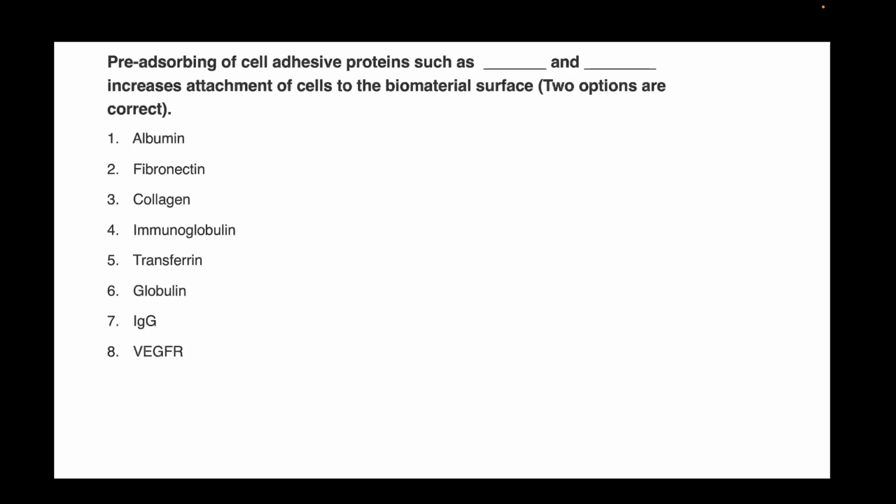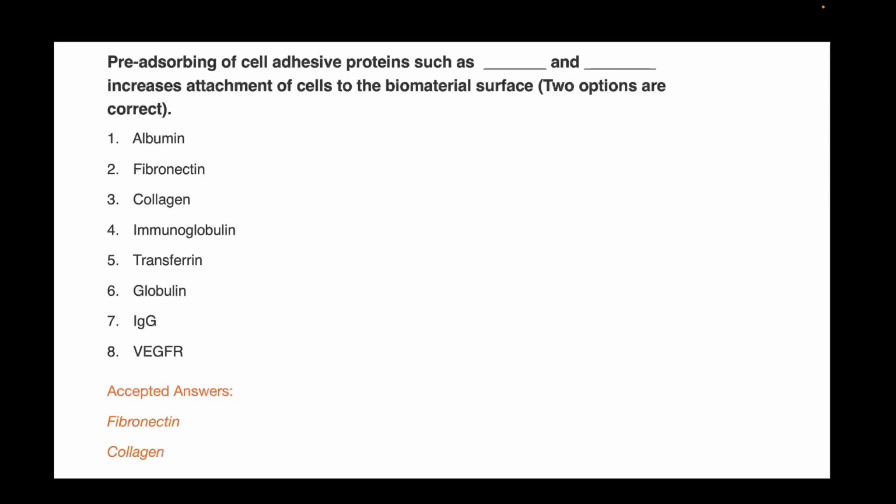Okay, the correct answer is option 2 and 3, which is fibronectin and collagen. The pre-adsorbing of cell adhesive proteins like fibronectin and collagen increases attachment of cells to the biomaterial surfaces.